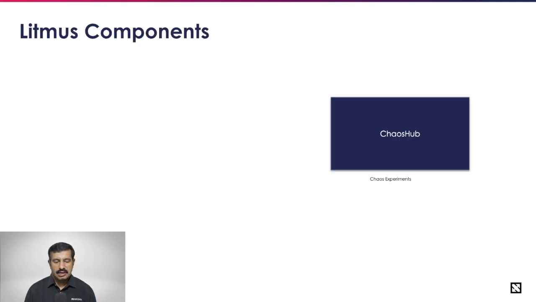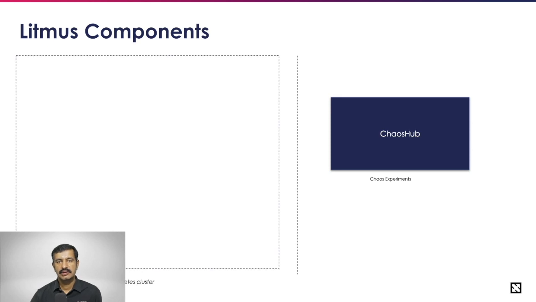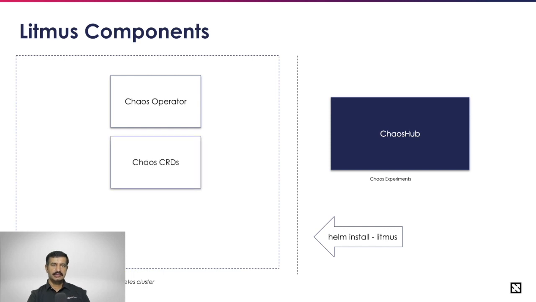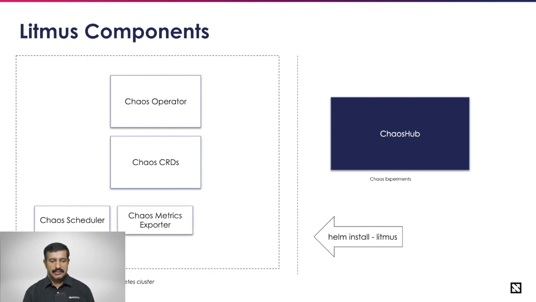So first, at the outset, what are the Litmus components that you have? You already have readily available experiments on the hub. That's a great start for anyone. You start by installing Litmus through Helm chart or through YAML manifest onto your Kubernetes cluster. During installation, you get an operator and a set of CRDs are installed, and the scheduler, metrics exporter, and event exporter are also installed.